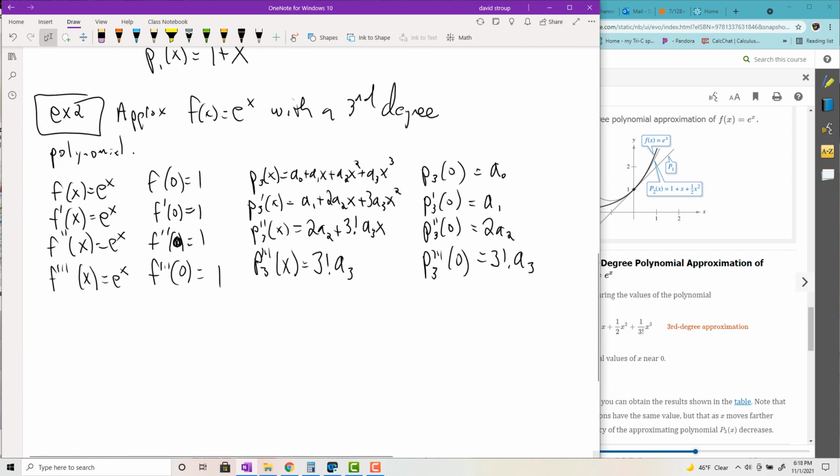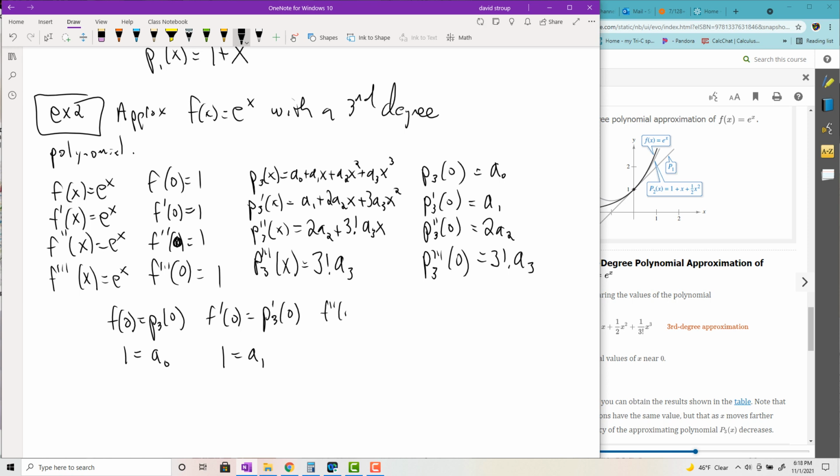Okay. Then you're doing equations. You're equating the function and the polynomial at the center. So from the first, f of 0 equaling p sub 3 of 0, you get 1 equals a sub 0. F prime of 0 equaling p3 prime of 0 is going to give you 1 equaling a sub 1.